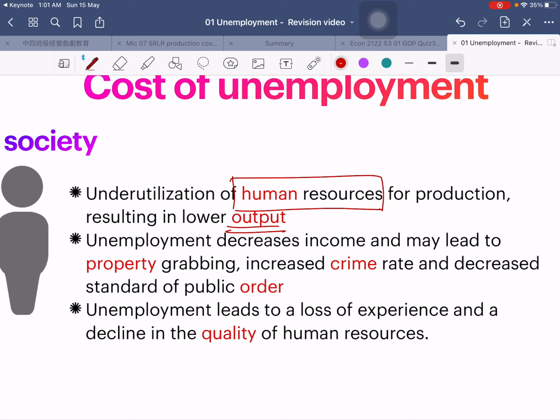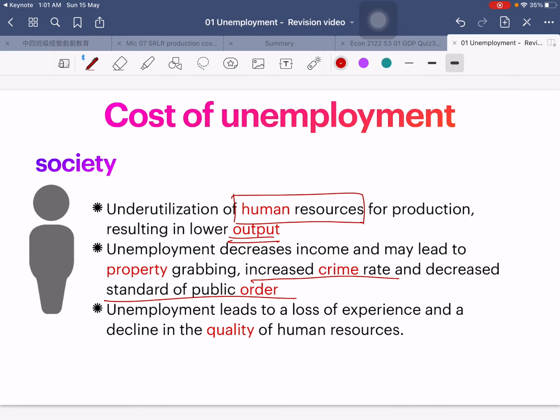Also, because unemployed people lost their income, they have to find a new way to get some income. One of them is by grabbing or doing fraud, committing crime. So the crime rate will increase, and the standard of public order will be lower. Something like that is just memorizing. You can find these in your notes.